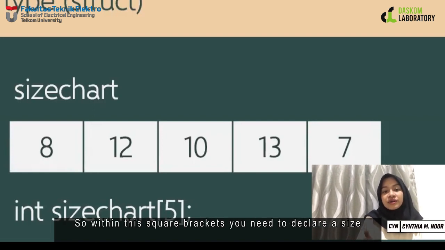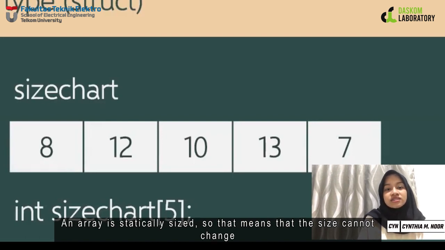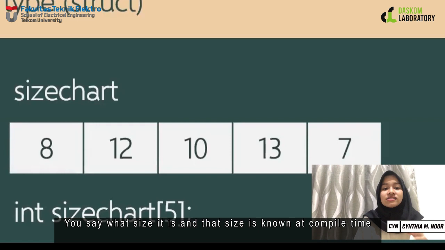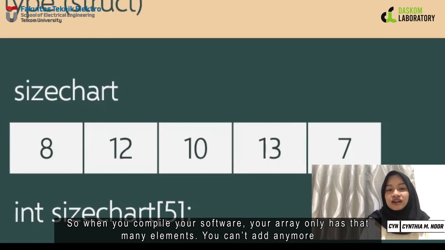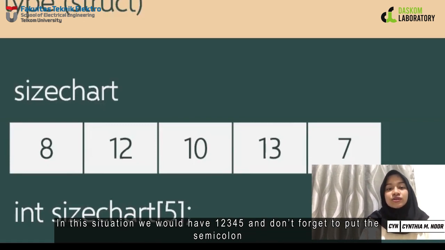Within these square brackets, you need to declare a size. An array is statically sized, so that means the size cannot change. You say what size it is, and that size is known at compile time. So when you compile your software, your array only has that many elements. You can't add any more. In this situation, we would have 5. And don't forget to put the semicolon.